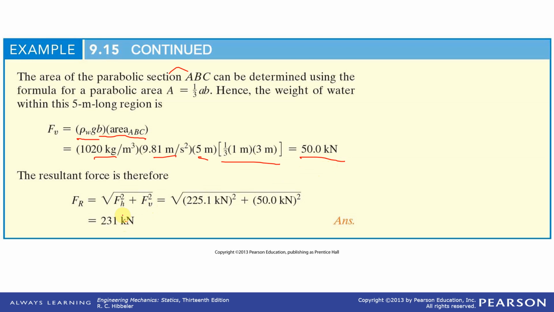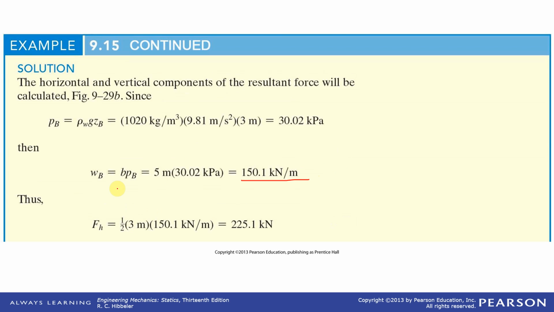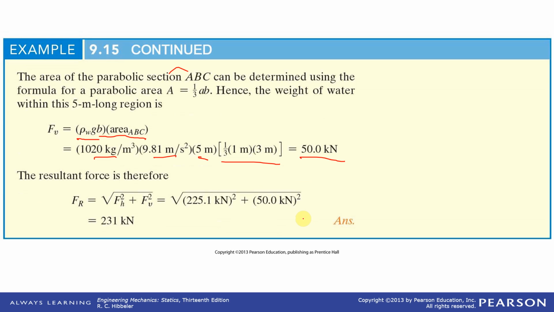Resultant force is, we've got to sum the two. Did we figure out the, yeah, 1/2 base, 3 meters times the height, 150.1 kilonewtons per meter. So total force acting at 1 meter high.